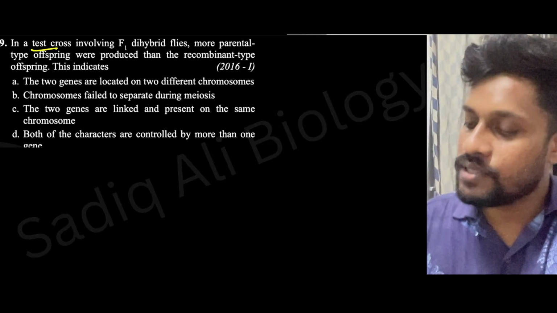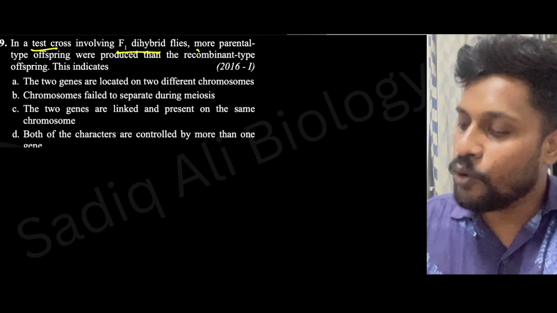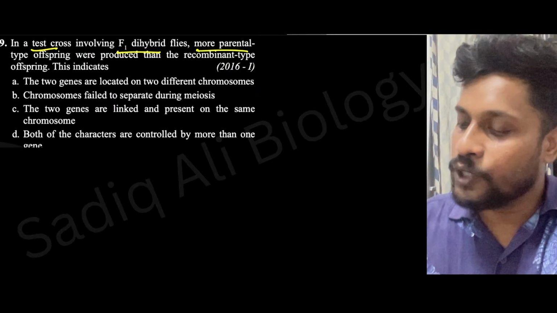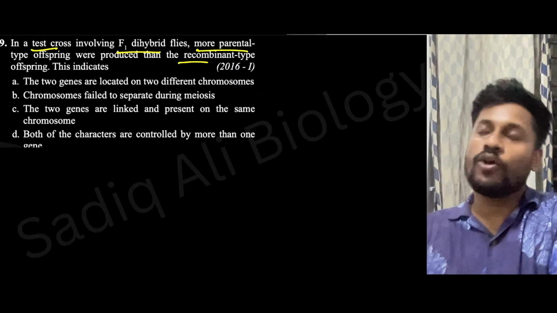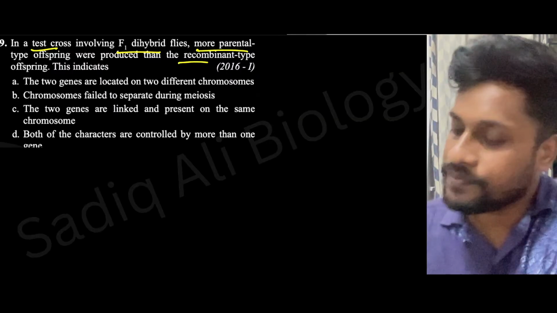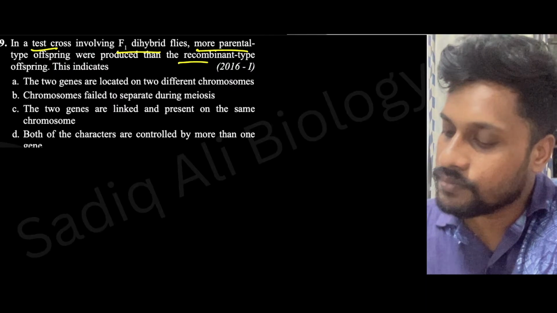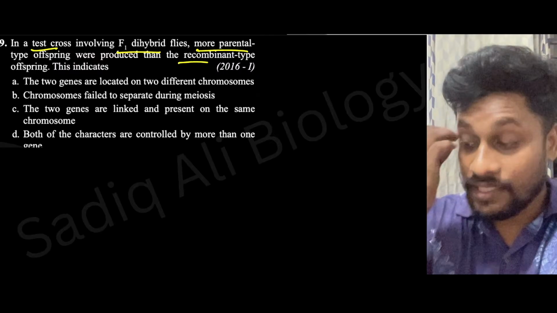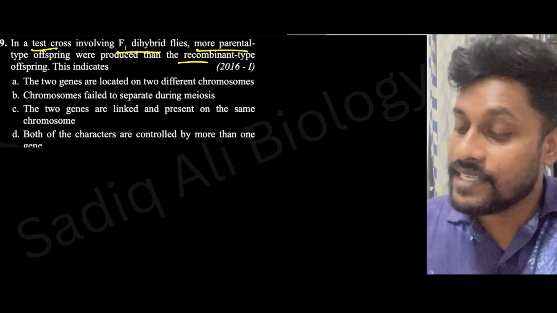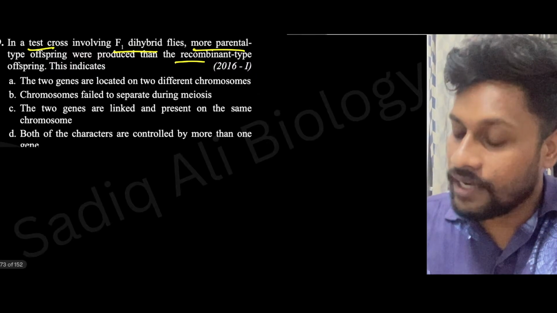So in a test cross, F1 dihybrid flies produce more parental compared to recombinant type. If there are more parental, what does it indicate? See, if more parental are present, it indicates that linkage is there.